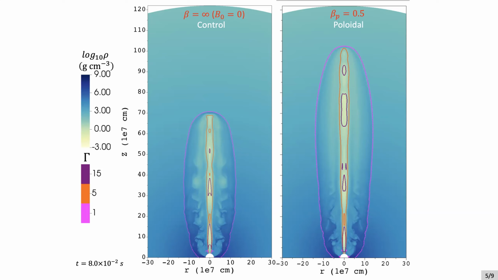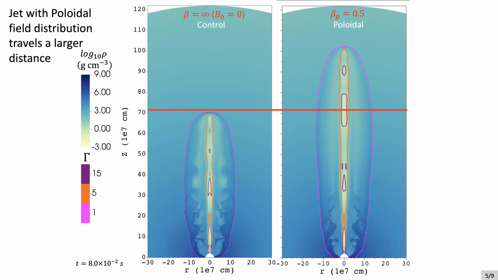Also, the bubbles of Lorentz factor isocontours are bigger, but the morphology is almost the same, in the sense that we have a well-developed jet, and the cocoon is not really big. It's maybe narrower than in the control case.